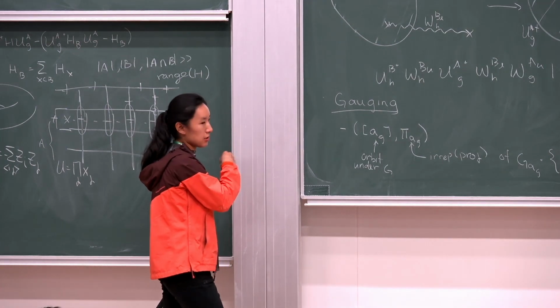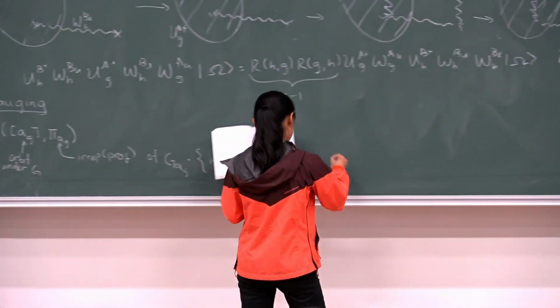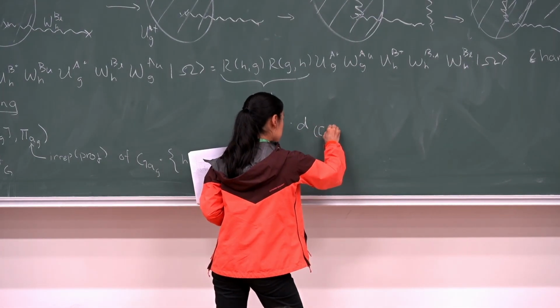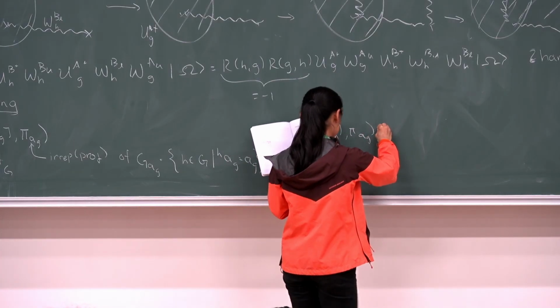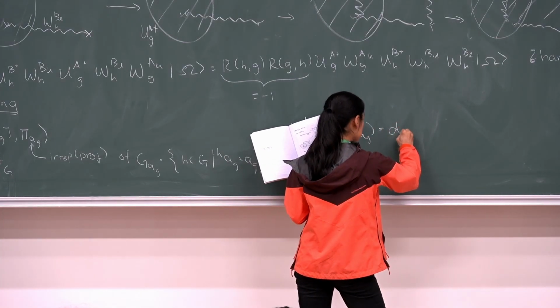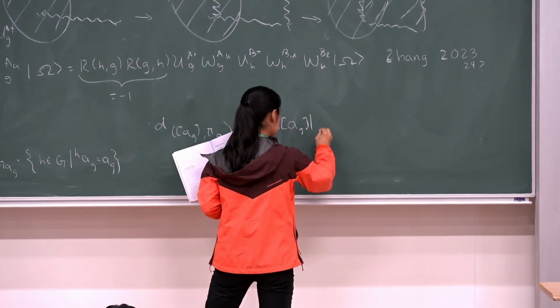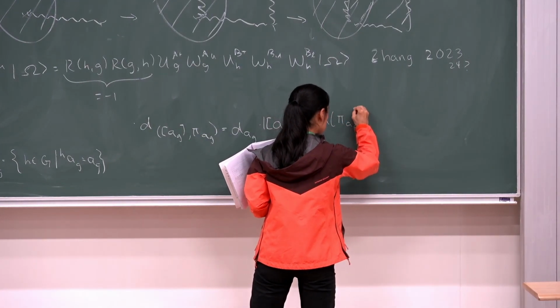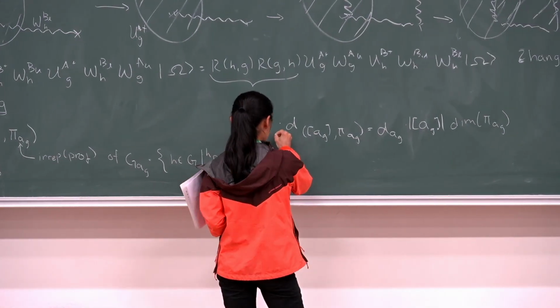And you can also deduce properties of these topological line operators. So for example, one thing you can get is that their quantum dimensions are just given in this way. And you can also get their topological spin.